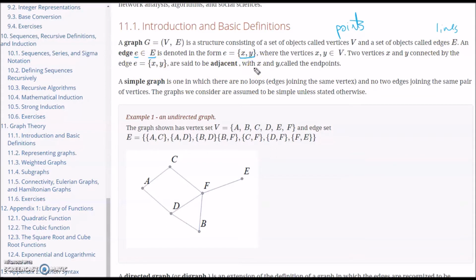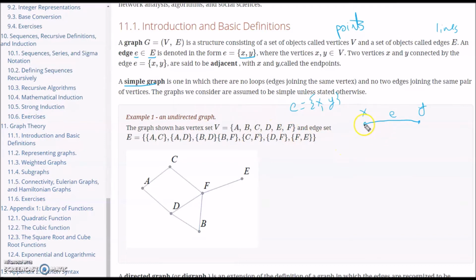It's two different vertices. And if e is equal to xy, so if I have a vertex x and a vertex y, that means there is an edge connecting those two vertices, and this would be the edge e.